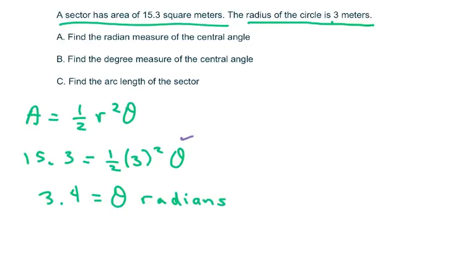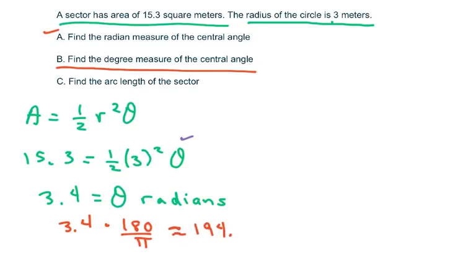All right, now we have to find it in degrees. So we take 3.4 times 180 over pi. We're just converting, and you get approximately 194.8 degrees.